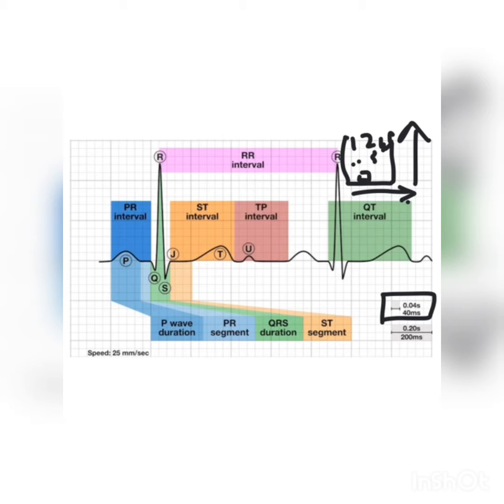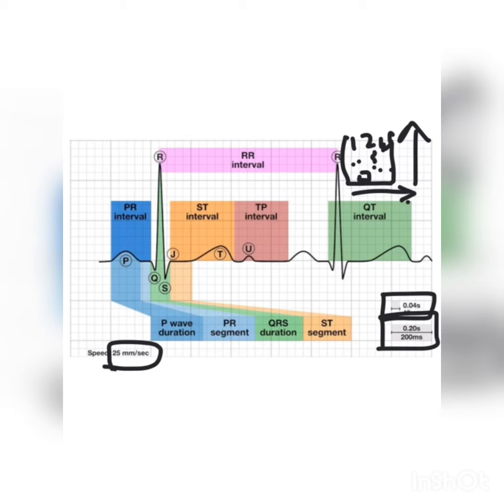1, 2, 3, 4 and 5. So 5 small boxes is equal to one large box, and one large box shows a duration of 0.2 seconds or 200 milliseconds. This standard ECG paper is calibrated in the machine at 25 millimeter per second speed.